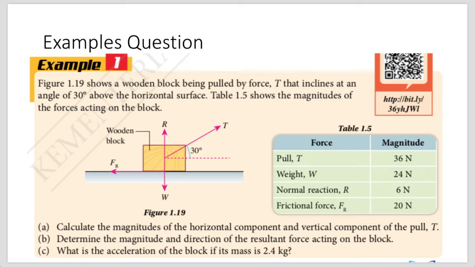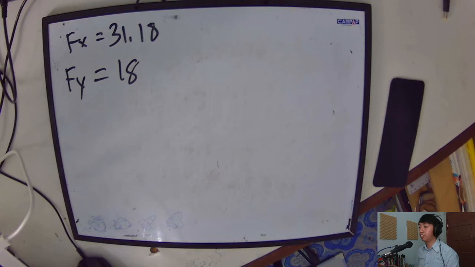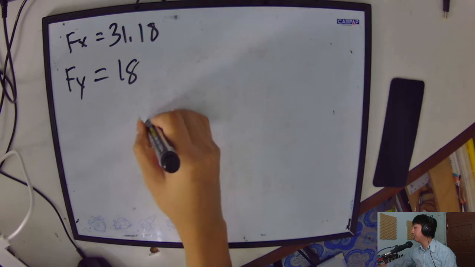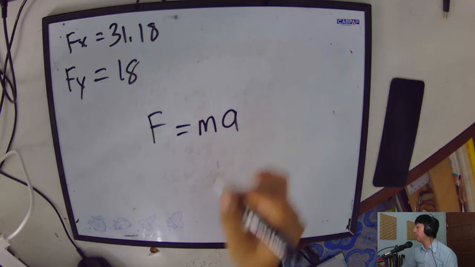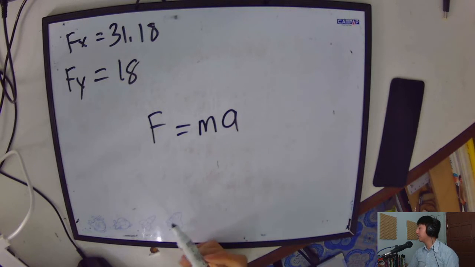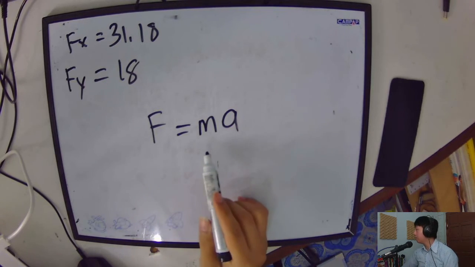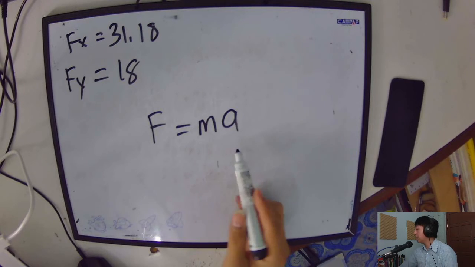So what formula do we use if it's acceleration? Anyone remembers? Okay, so F equals mass times acceleration, right? F being force, mass being mass, and acceleration.